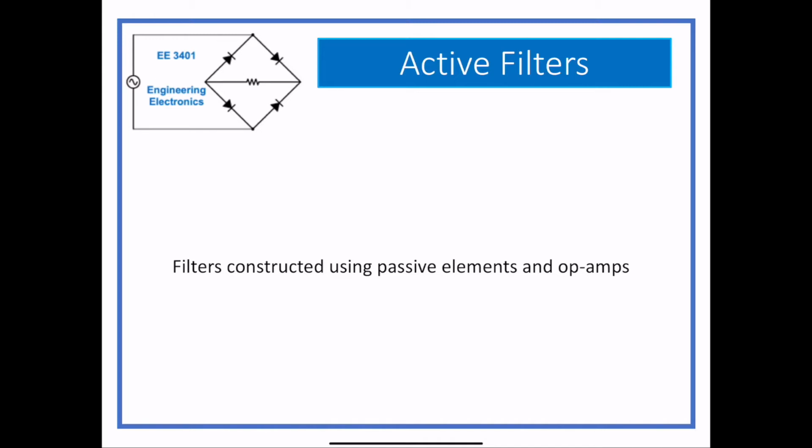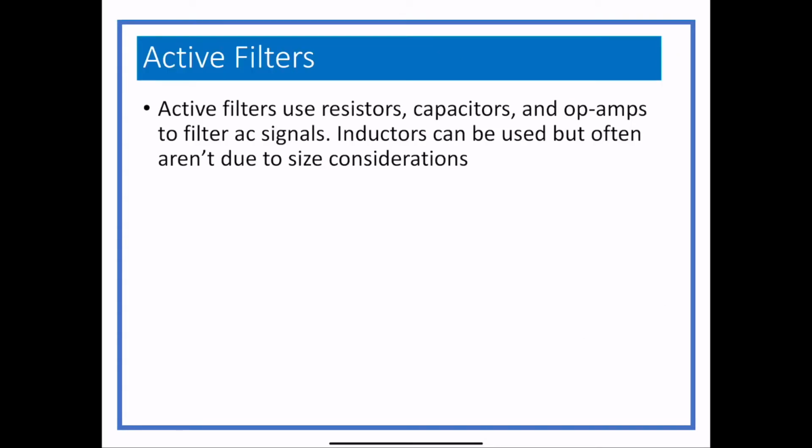So passive filters are constructed just with passive elements. They use just elements that you would encounter in circuits too. Active filters add an op-amp, and by adding an op-amp, they increase stability, which is nice, and they have a lot of other types of advantages. We use resistors, capacitors, and op-amps.